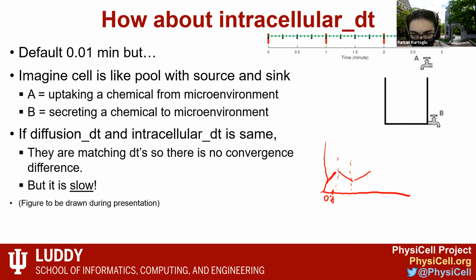It's kind of bouncing like this. So we are having the same dt, and the convergence difference is not that different, but it's slow, because we are always saving the data and overwriting, and then again saving and updating, but it's slow.